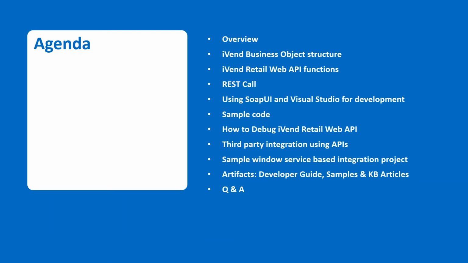This is the agenda for today's session. We'll talk about APIs. We'll cover an overview, the iVend business object structure, iVend retail web API common functions, how to make a REST call or a SOAP call, and then how to use SoapUI or Visual Studio for development purposes, sample codes, then how to debug iVend retail web APIs while doing development, third-party integration using APIs, and then we'll continue with some sample Windows service-based integration project.